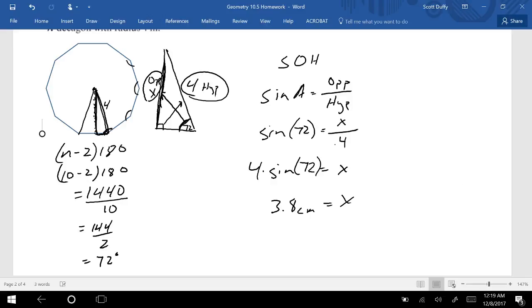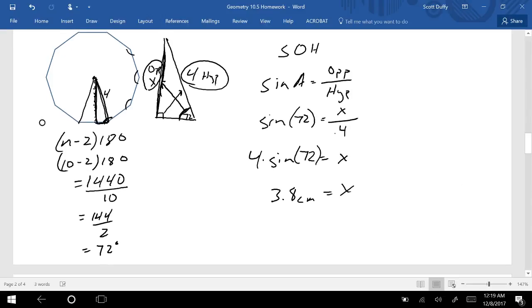Now we're not done yet because we have to use that apothem to figure out the area. So area is 1/2 times the apothem times the side length. Oh wait, we don't know the side length. We know how high this triangle is, 3.8, but we don't know this. Now we have a new x. We have to figure this out.